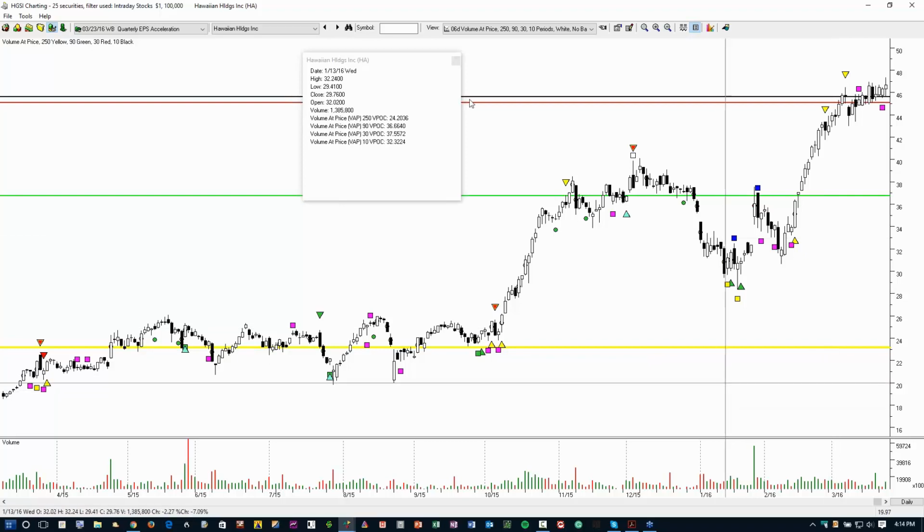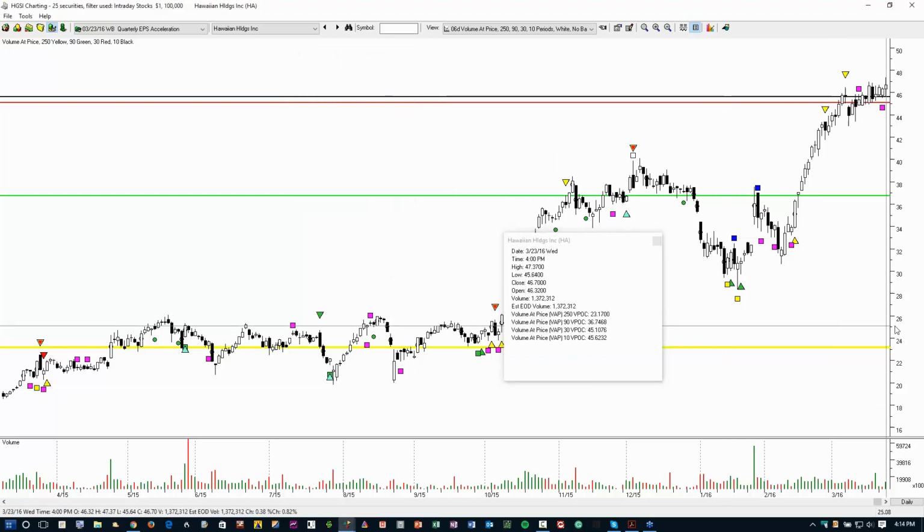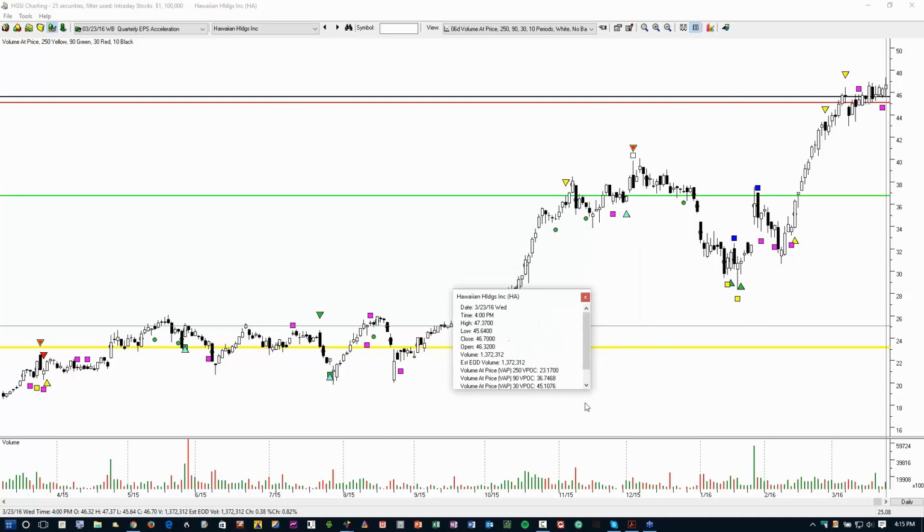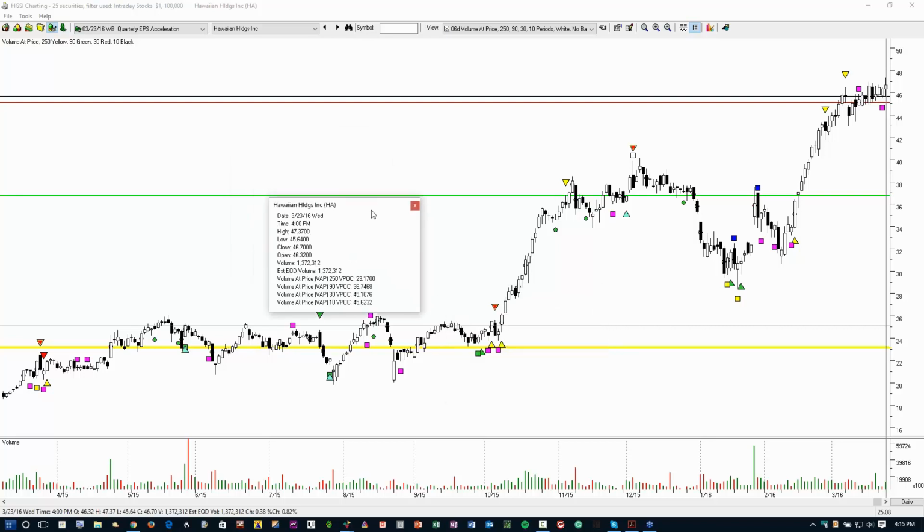Yeah, well, it's a hard call. We could have changed the scale so that the VPOC line would always be visible, but if we did, you would get a much more zoomed out view all the time, as opposed to just using the price scale, which is really what the volume at price indicator was supposed to use.